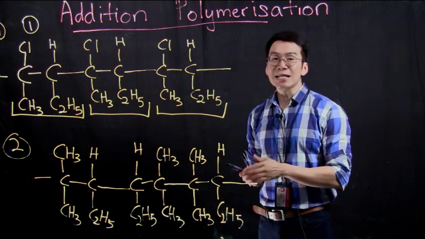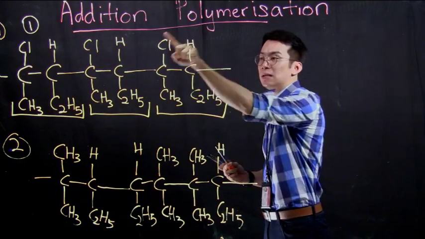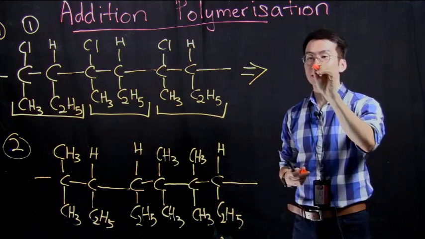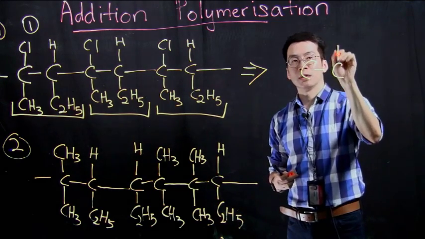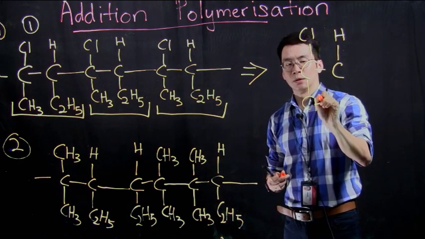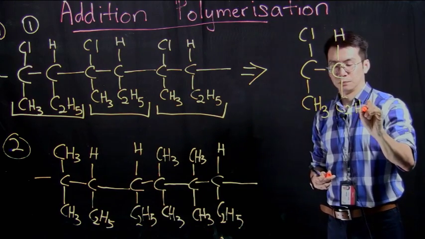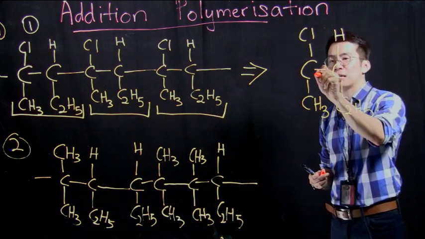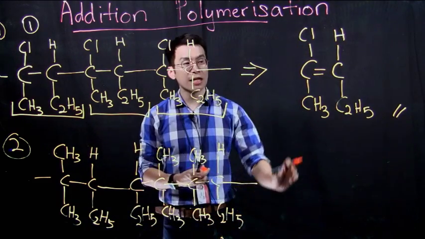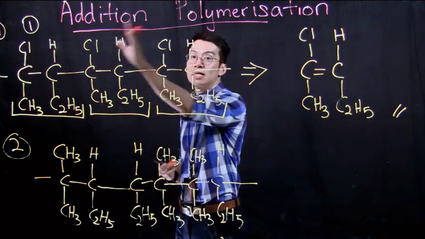So once we have identified the part that has been repeated, we take out this portion here, copy it down, and add in a double bond. And then that's it. So this will be the monomer that has been used to make this polymer.